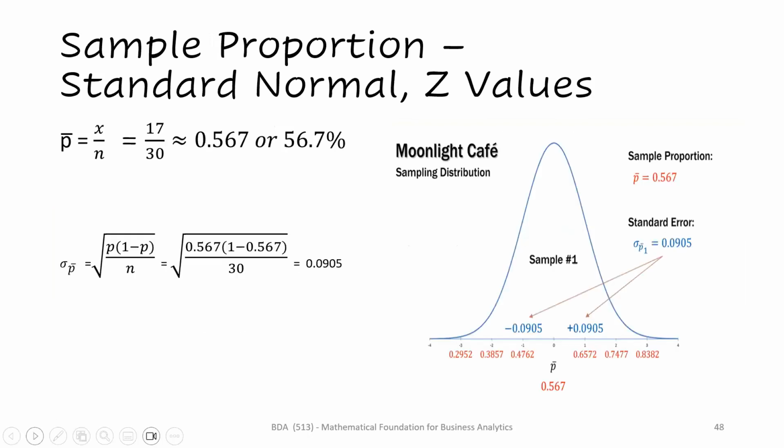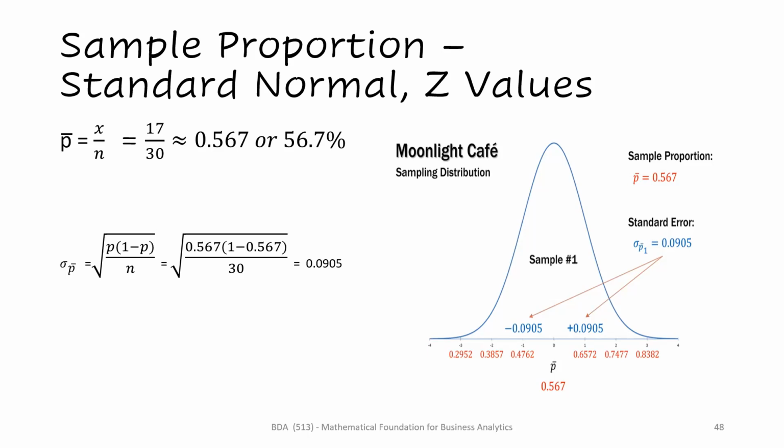Yeah, Nana, please, on this particular slide. With the first standard deviation, if you add 0.0905 to 0.567, you get 0.6575. So normally, are these approximation values that we use in examples, like how do we go around it?